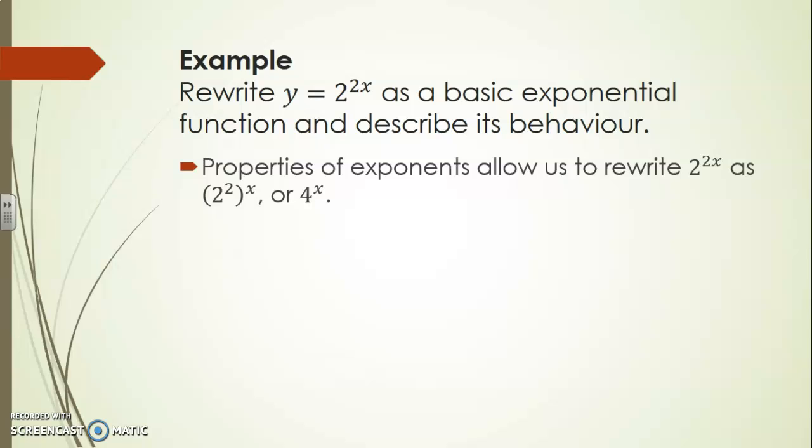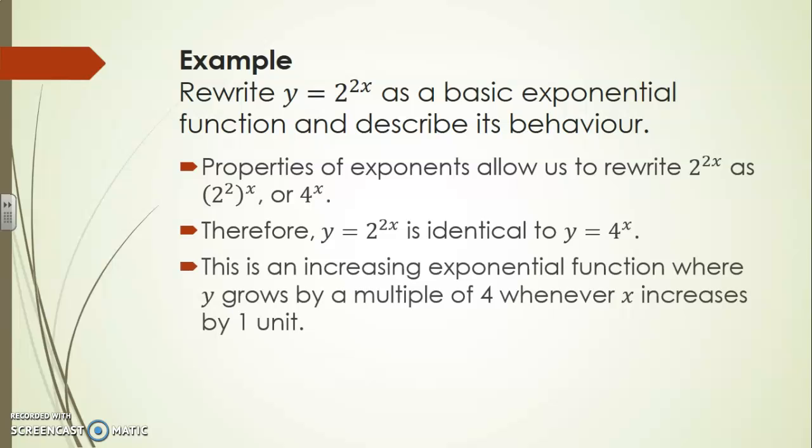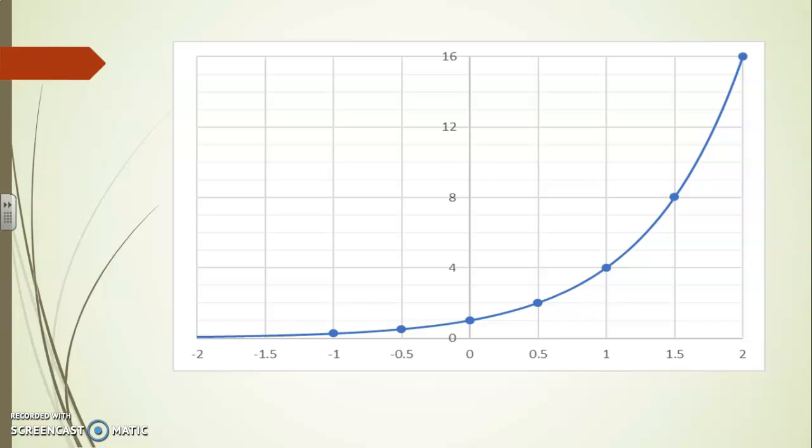In other words, 4 to the power x. Therefore, y equals 2 to the power 2x is identical to y equals 4 to the power x. This is an increasing exponential function where y grows by a multiple of 4 whenever x increases by 1. In fact, it's the graph that we drew a little bit earlier.